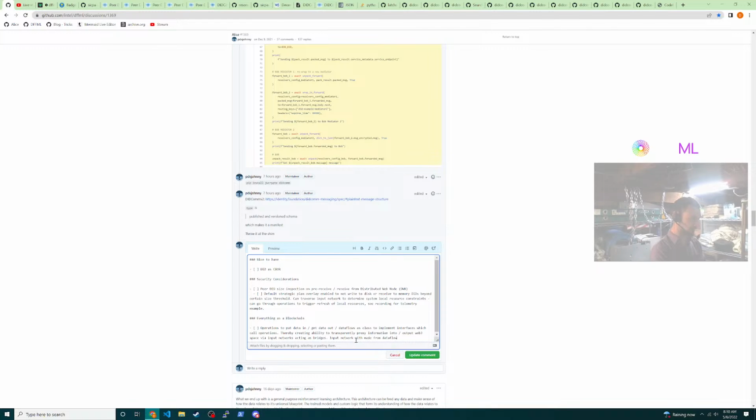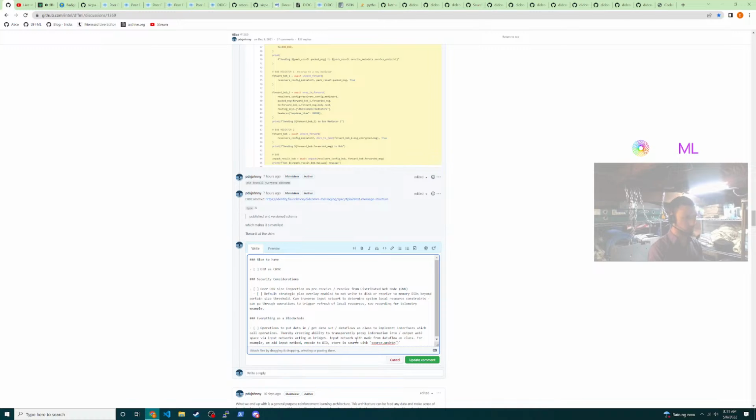Okay, so basically, the input network, of course, is made from data flow as class. Okay, code: input network on add, for example, on add input method encode to DID, store in source.